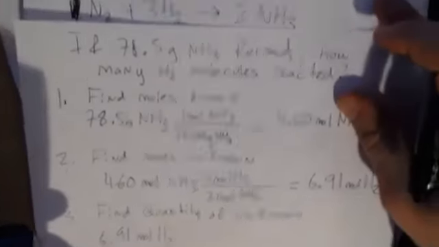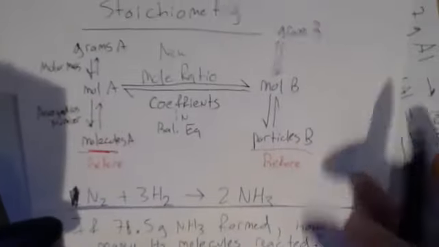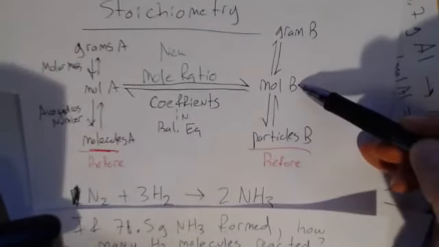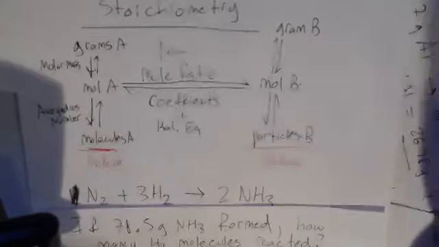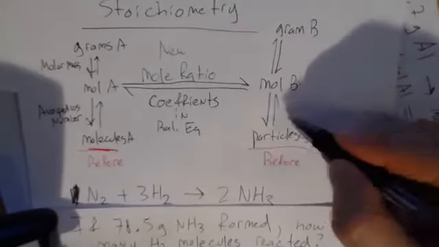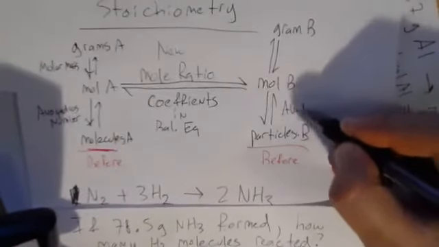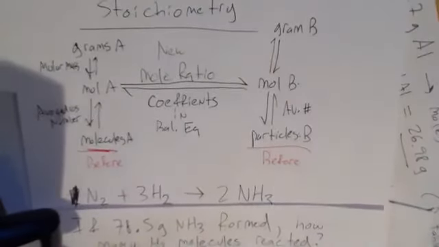Let's go back to, so now I'm here. I want to go from moles of hydrogen to molecules. What will my conversion factor be? I would say that would be Avogadro's number, just like we were doing in the beginning, right?